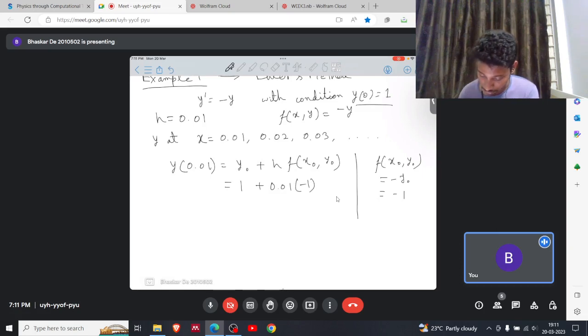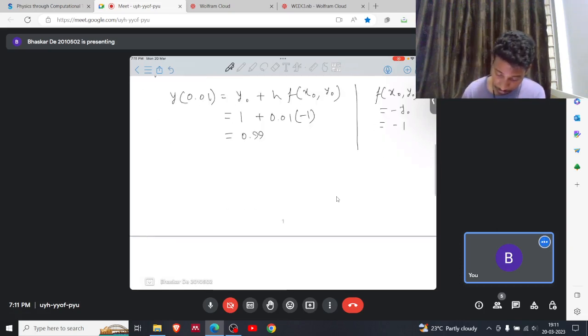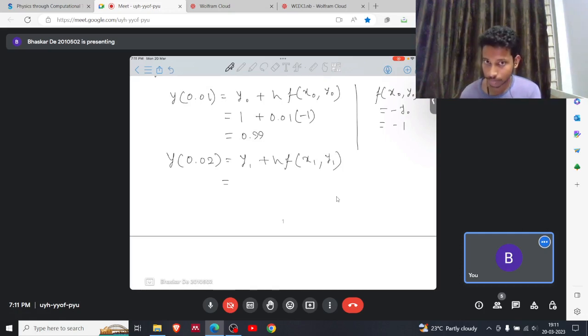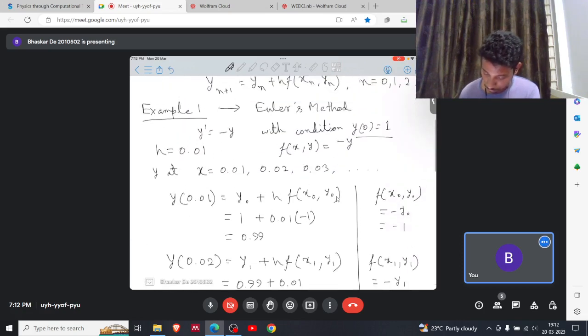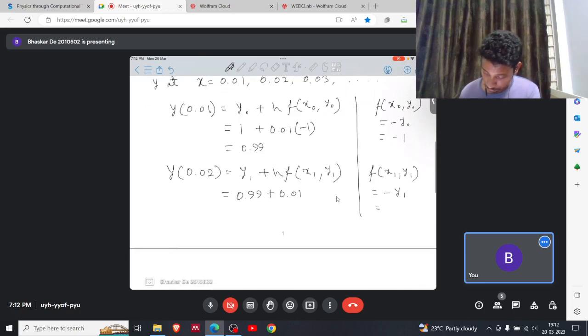So it will be minus 1, which gives 0.99. Then y at 0.02 will be y1 plus h f x1 y1, so here y1 is 0.99 plus 0.01 times f of x1 y1, which is minus y1, which is minus 0.99.